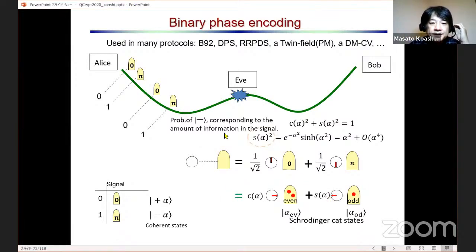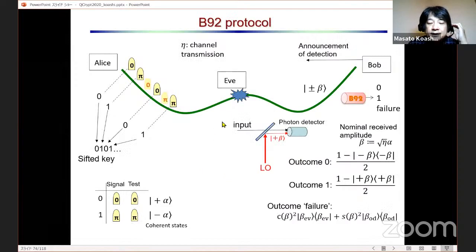So this is a property of the signal used in many protocols, including the B92 protocol. In the case of the B92 protocol, the measurement looks like this. The B92 measurement has three outputs: bit 0, bit 1 and the failure. This measurement is constructed according to the expected amplitude.